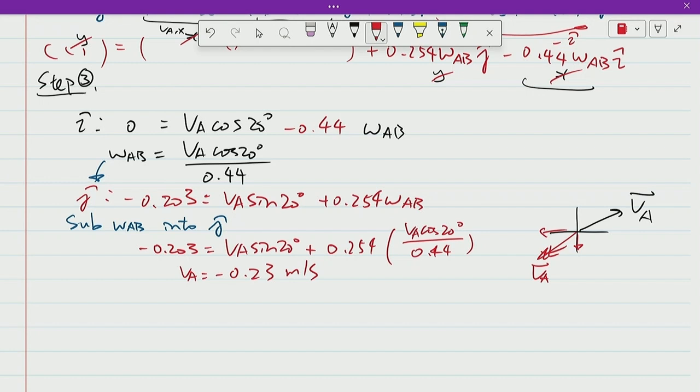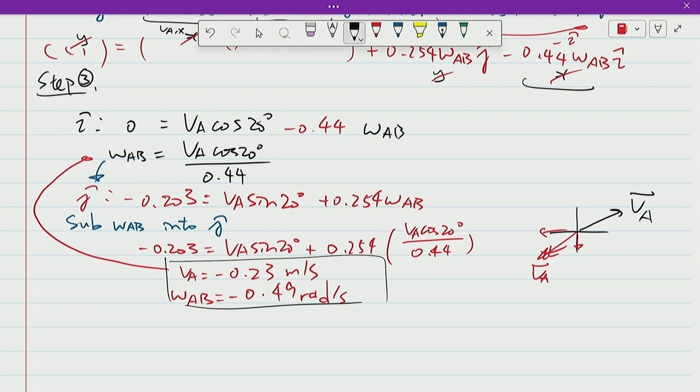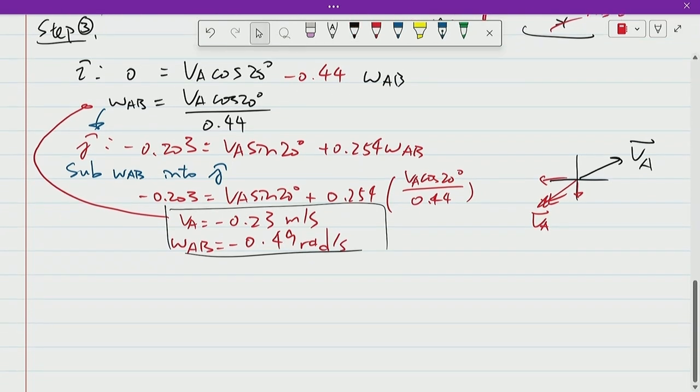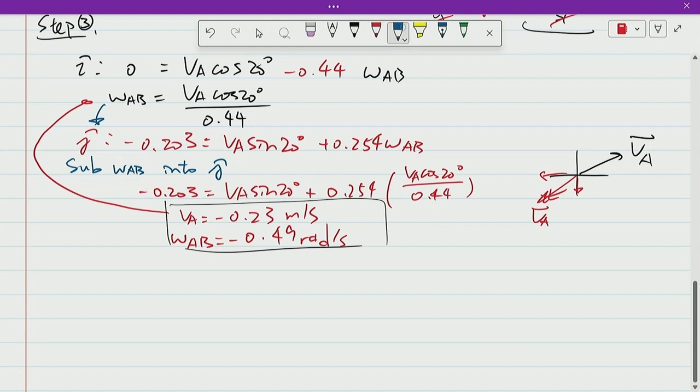If you plug this back into our omega AB equation, that's going to give us omega AB of negative 0.49 radians per second. Questions on VA, omega AB?